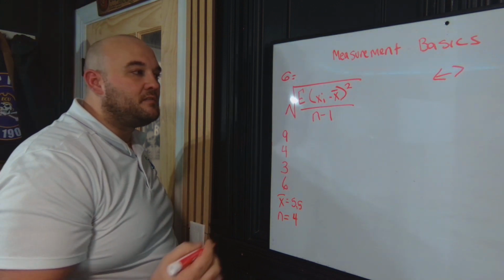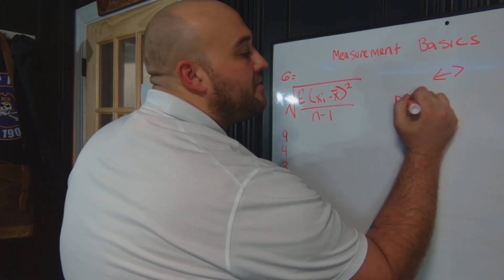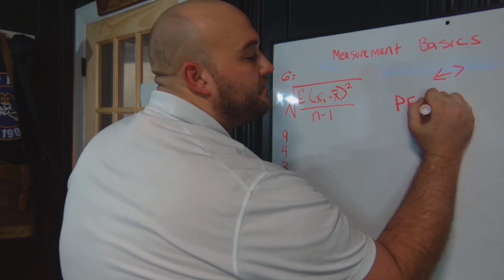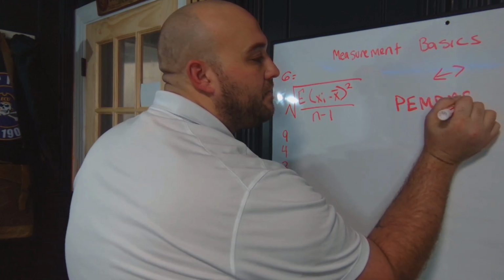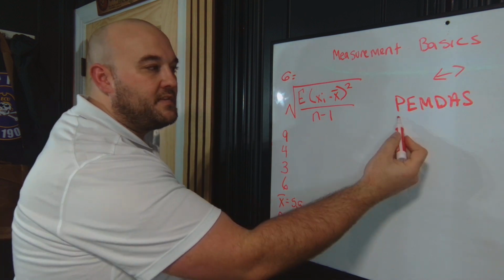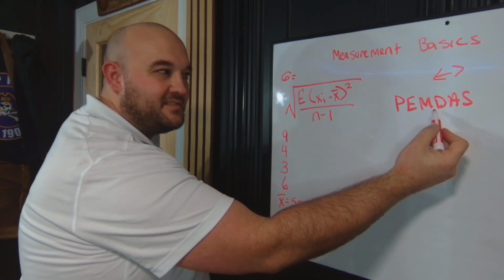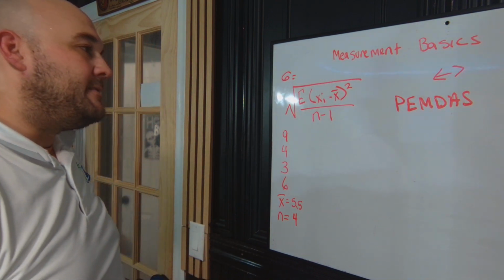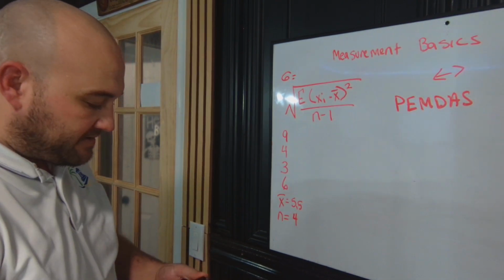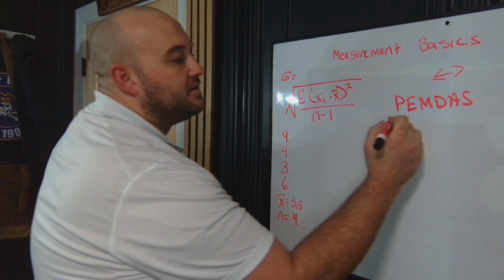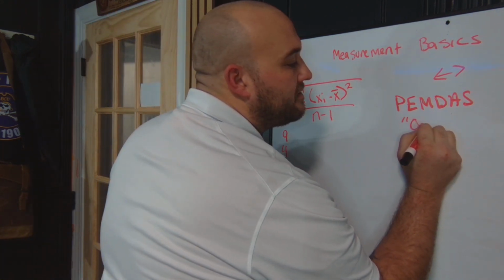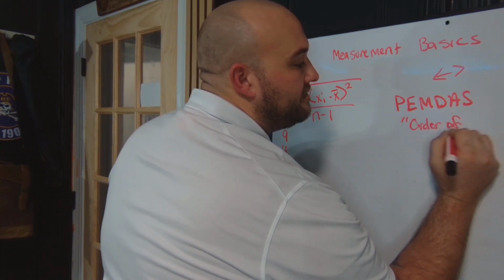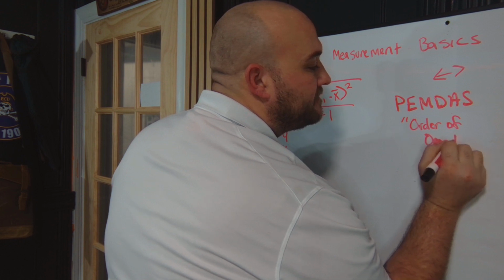In order to solve this, you guys remember back in grade school, PEMDAS, right? Parentheses, exponents, multiplication, division, addition, subtraction. The PEMDAS method is how we're going to be able to solve this, and it's also called order of operations.